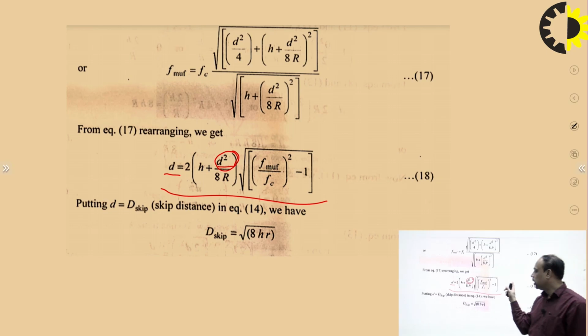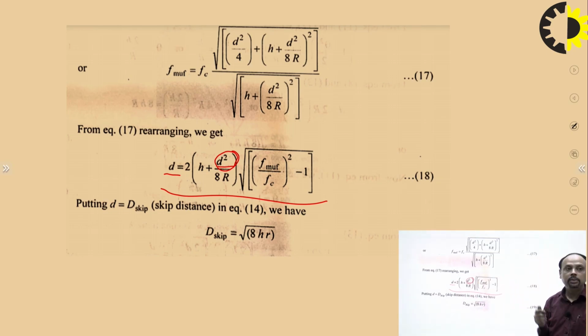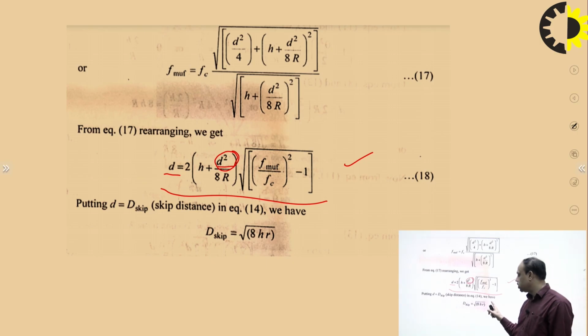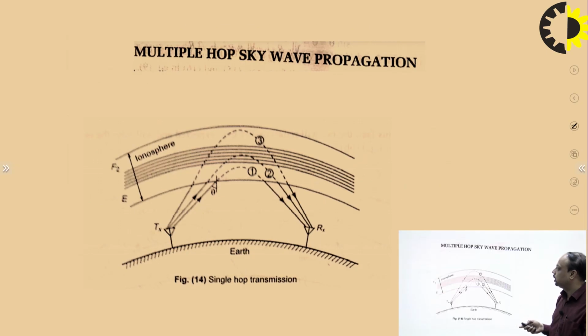So if we solve this quadratic equation, we can find the skip distance for the curved earth scenario with the help of this formula. Or by approximation, we can also write the skip distance as nothing but under root of 8hR, where R is the radius of the earth and h is the height of the ionosphere. This is the approximate value; for the exact value, we have to solve this quadratic equation for the curved earth scenario.